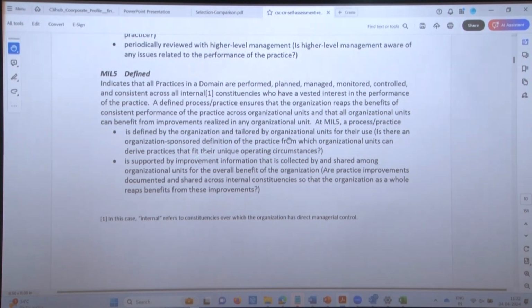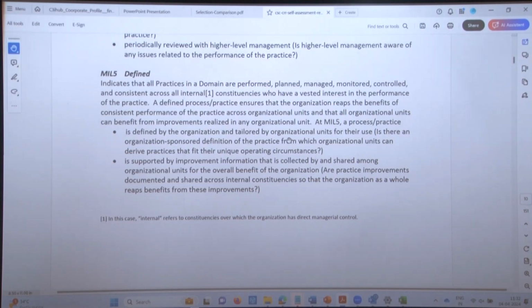So different subunits of the organization should go by the same policy, practices and plans, but they can tailor them, and any improvement that is made is then collected and shared among all, so that everybody gets the benefit. So this is the fifth level of maturity.